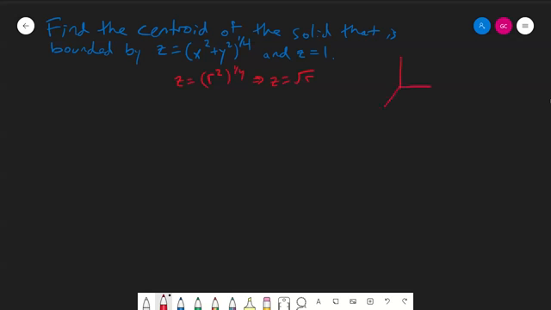Well, remember, I just draw the curve z equals the square root of y, and then rotate that around the z-axis. And so you get this kind of funnel shape here, and it's capped off up here at z equals 1.